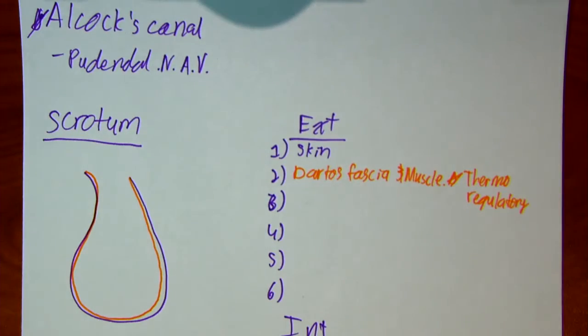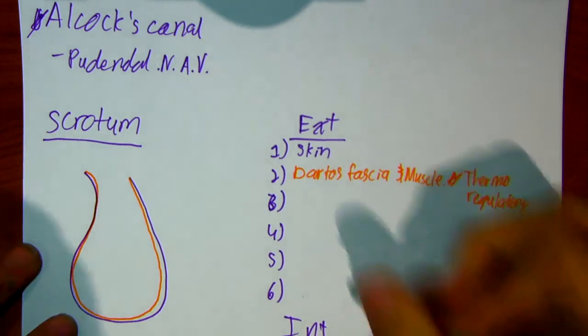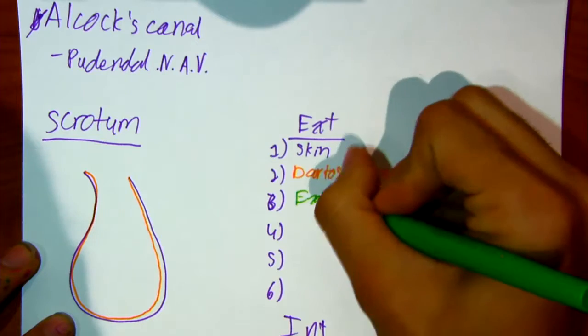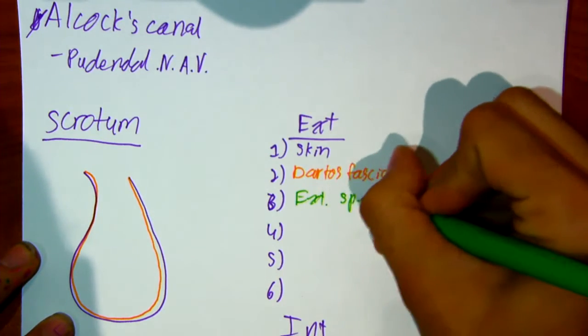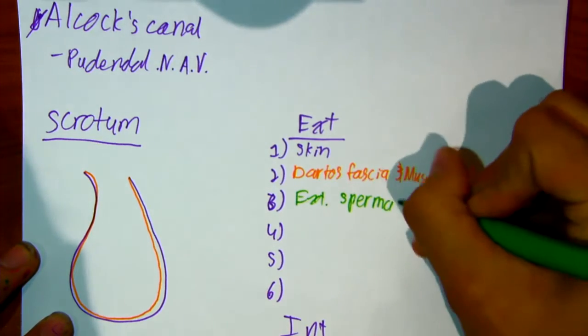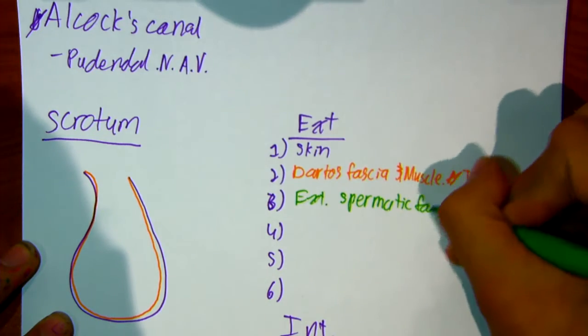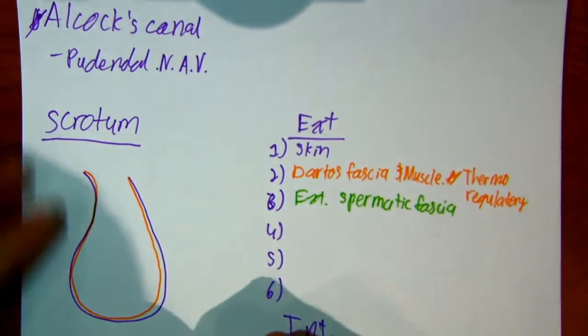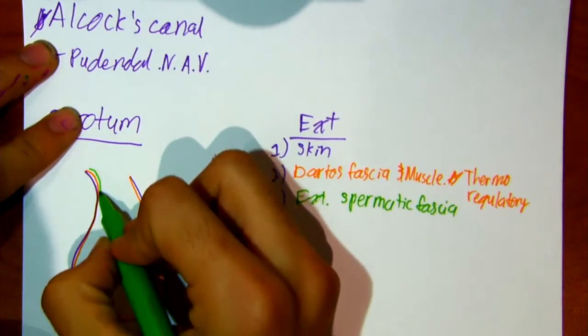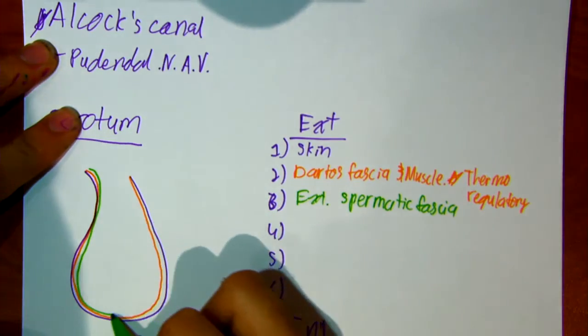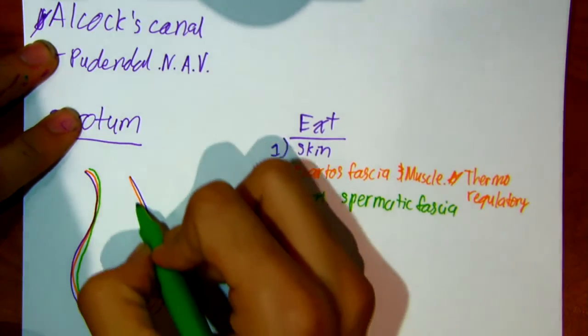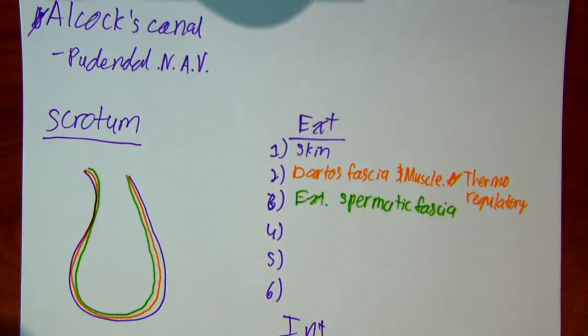So here we're going to do that in orange. All right, so what comes after dartos fascia? Good. External spermatic fascia. I'm going to put that in green here. All right.